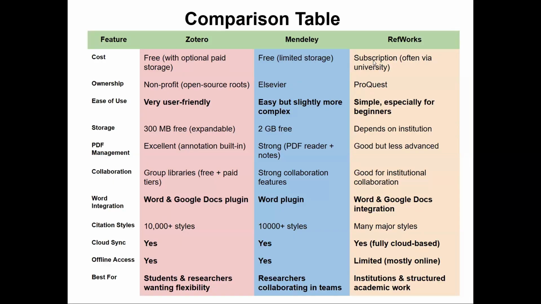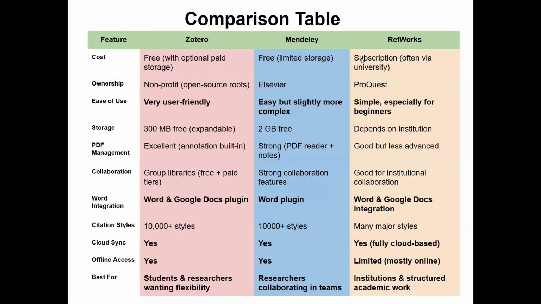The other key difference is that Zotero and RefWorks have both Word and Google Docs integration, whereas Mendeley only has a Word plugin. Important to note is that Zotero and Mendeley are accessible offline, whereas RefWorks is cloud-based, meaning it's available online.